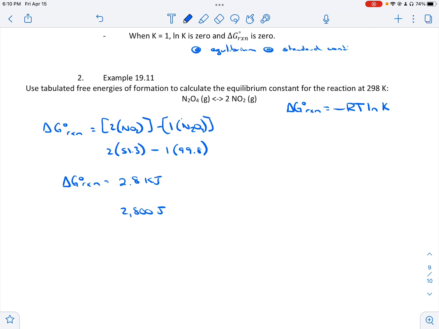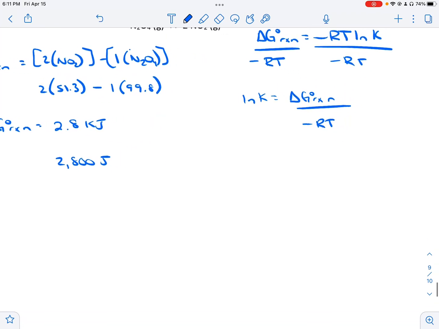So on this side, we're ready to plug it in, but we've got that ln of K to worry about, right? So if we solve for ln of K, we're going to divide by negative RT. We get ln of K is equal to delta G naught of reaction over negative RT, and we're ready to plug all this in.